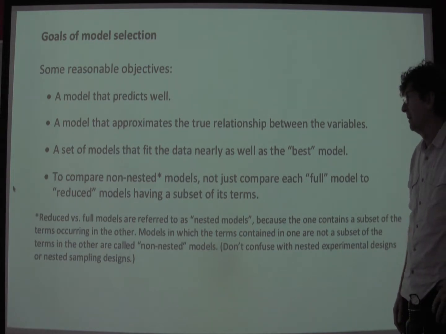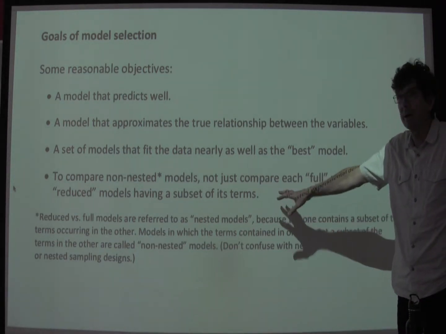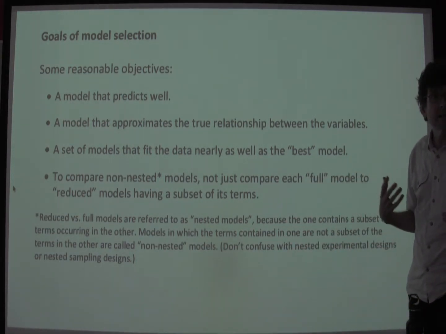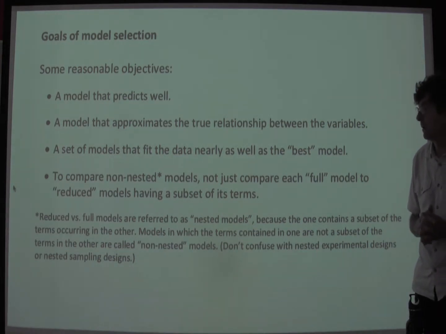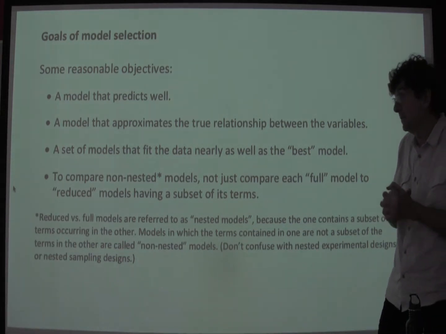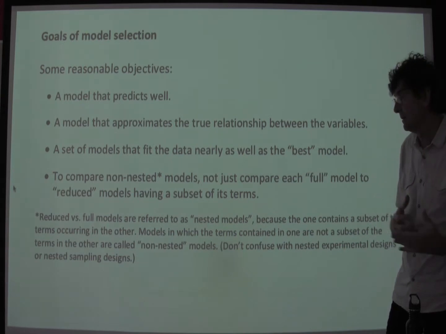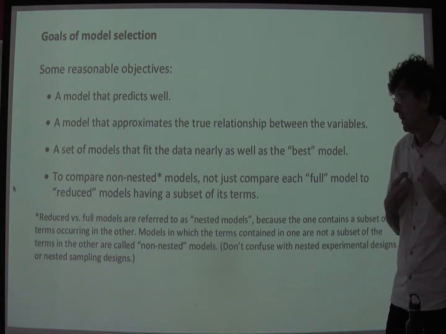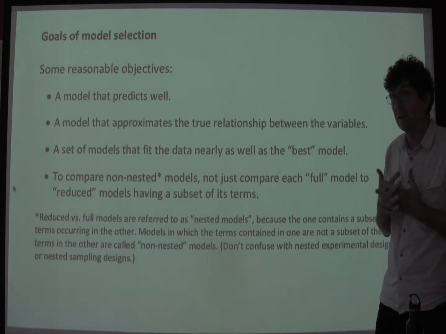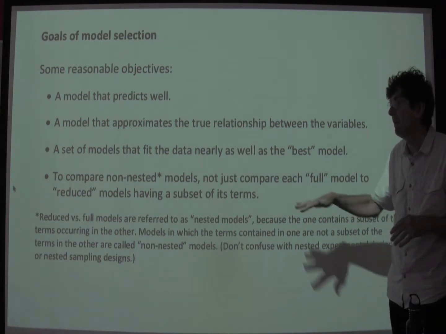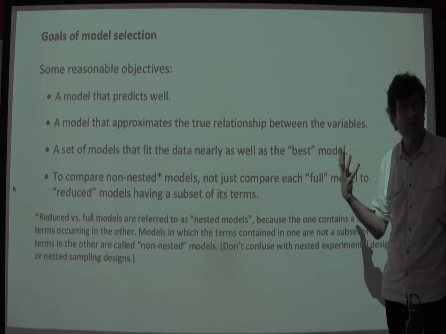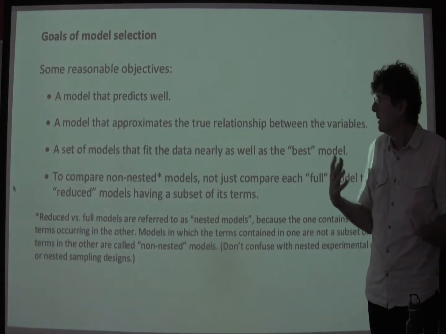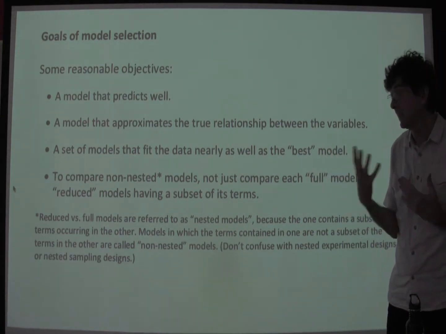And secondly, this is maybe not one that you have dealt with, but one that we'll deal with in the workshop this week, and that is to compare models that are non-nested. All of the methods that we've used so far, in linear models using F-tests, in generalized linear models using log likelihood ratio tests, we've always compared a full model with a reduced model. A full model contains the term of interest.